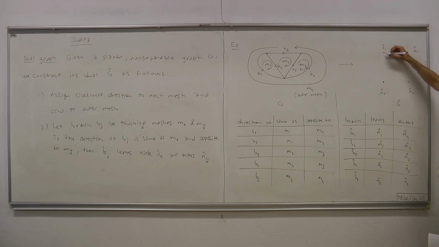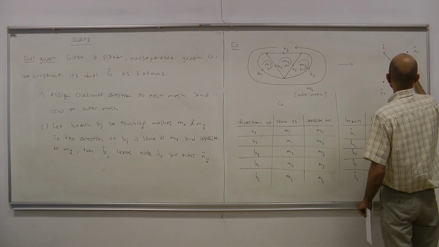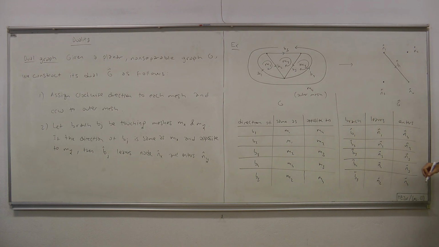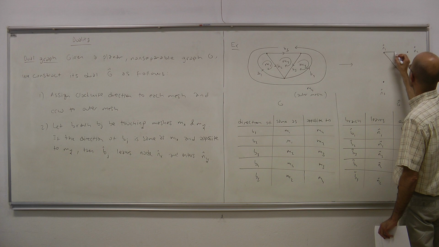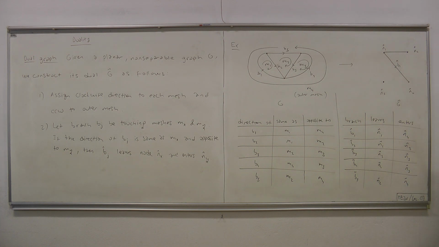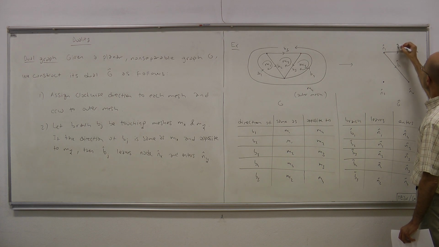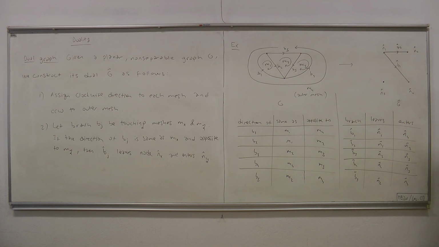So B1 hat is between N1 and N4, and its direction is it leaves N1 hat and enters N4 hat. Okay, so this here is B1 hat. B2 hat leaves N1 and enters N2. Therefore, this is B2 hat. It leaves N1 hat and enters N2 hat.